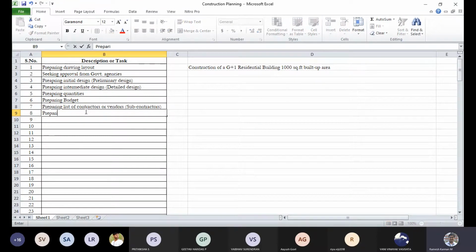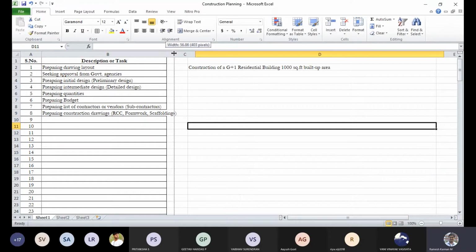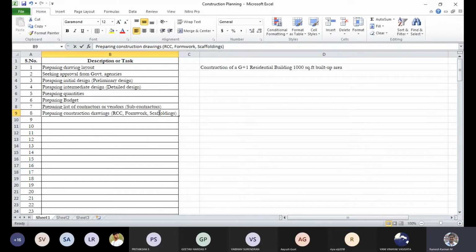preparing construction drawings, that includes RCC, then RCC is everything, like all RCC members, then form work, then probably scaffolding, and so on. So scaffolding may not be required for G+1, but it's a safety measure.